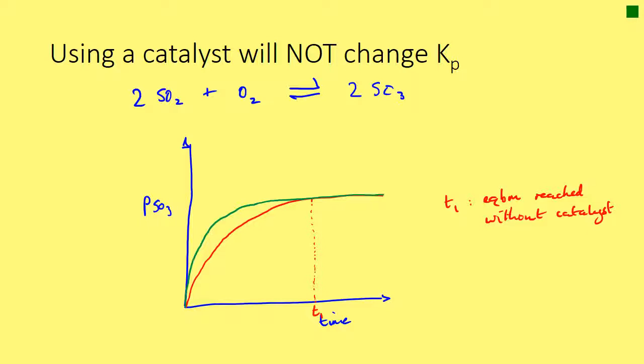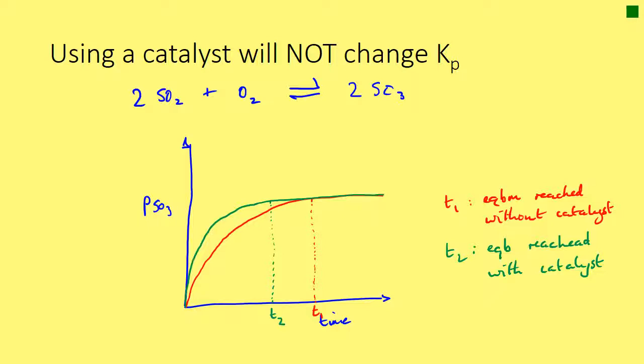In which case the curve plateaus out about here, and let's call that T2, where T2 is the equilibrium reached with a catalyst. And what we can see is the equilibrium position is the same. So the equilibrium position has not changed, but the time for it to be reached has decreased.